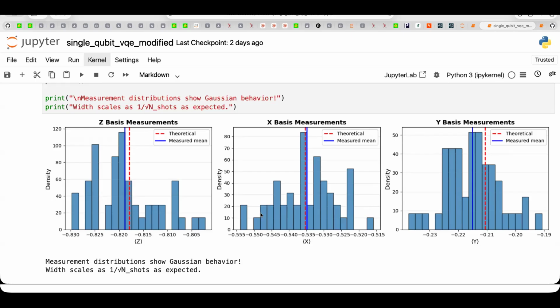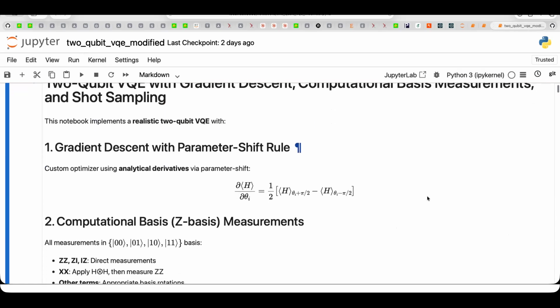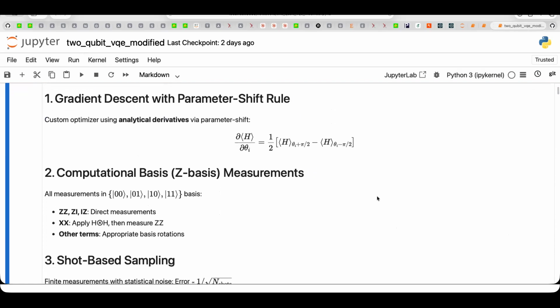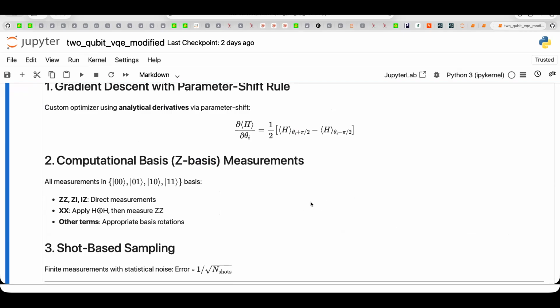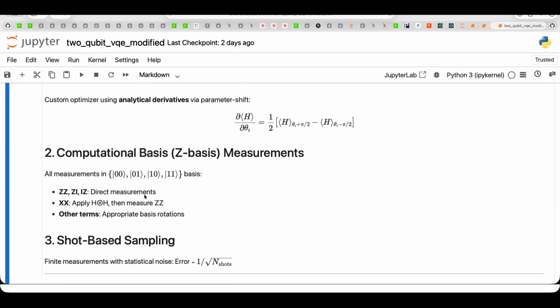Now, the thing I want to do now is to move to the 2-qubit case, because that's going to change a little bit the kind of recipe which we need to think of. So the 2-qubit case is basically the same, but now we need to make an experiment where we do the measurements in these spaces.